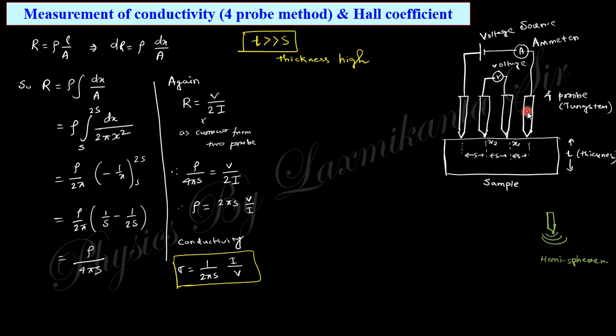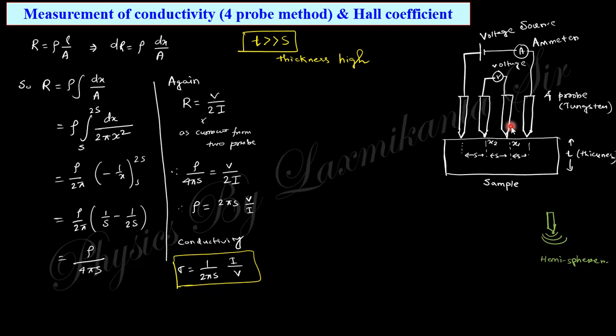And what happens in the two probe method is the junction effect: at the junction there is a variation of the fields, and that's why the potential is actually different, because at that point the potential measures the external source. Actually the current flow within the material cannot be determined in the two probe method. That's why you need to take the four probes to determine the actual resistivity of this material.